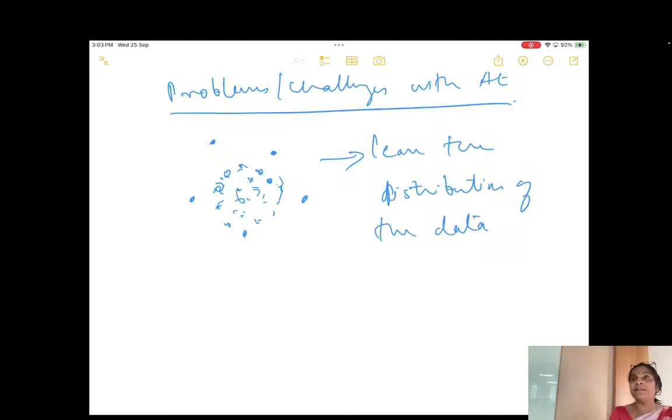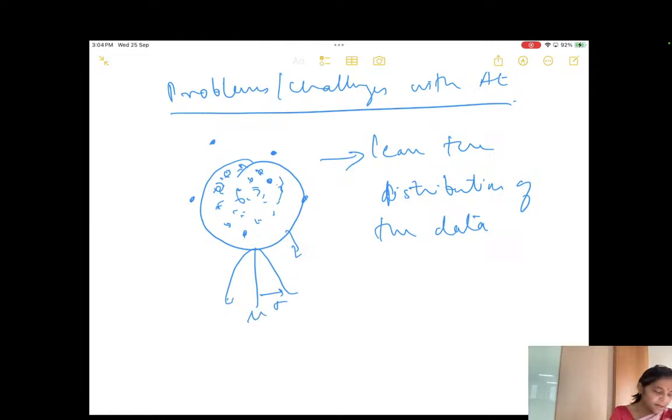What is the meaning of learn the distribution of the data? I fit a distribution model to this data. That means I'm assuming the distribution is coming from a Gaussian with some mean and variance, some mu and sigma. I'm not learning the individual data samples and the curve fit out of those samples.